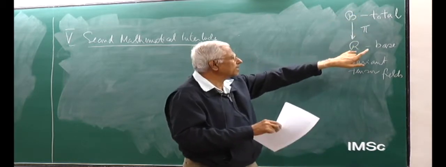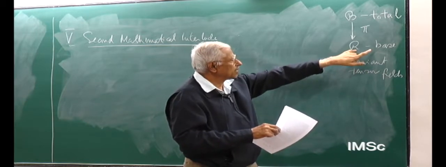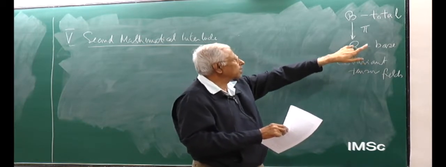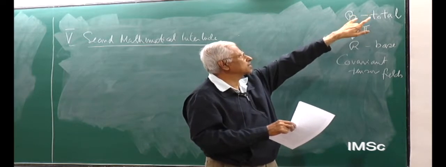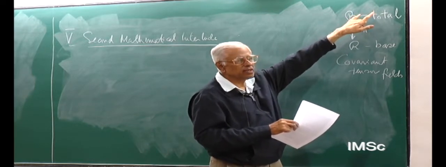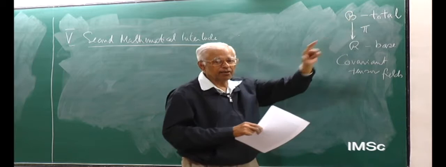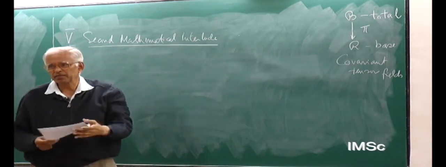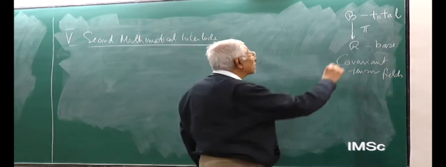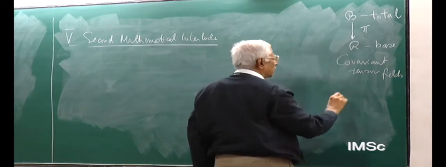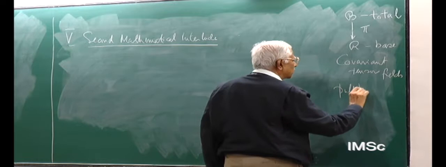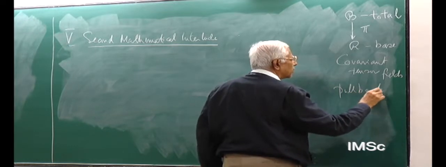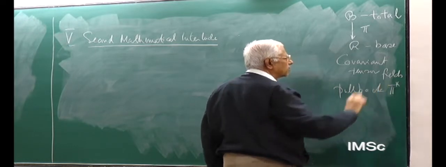If I give you a second rank covariant tensor field, I can jack it up and produce a second rank covariant tensor field on B. Contravariant tensor fields cannot be handled in this way. So this is called the pullback operation, it is special to covariant objects, and it is written as pi star.